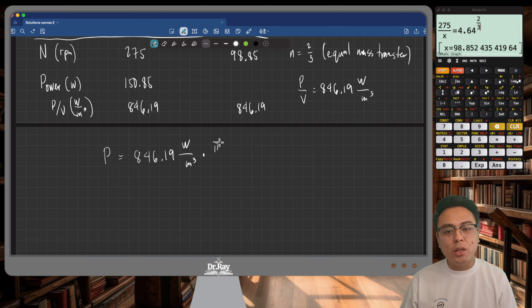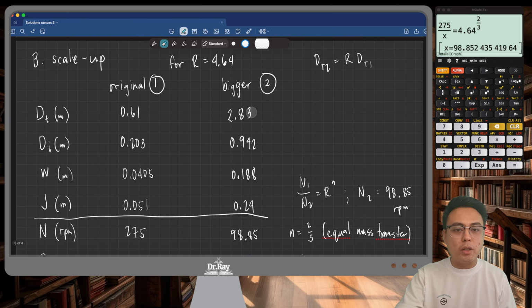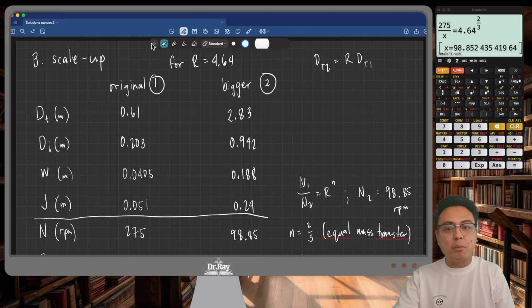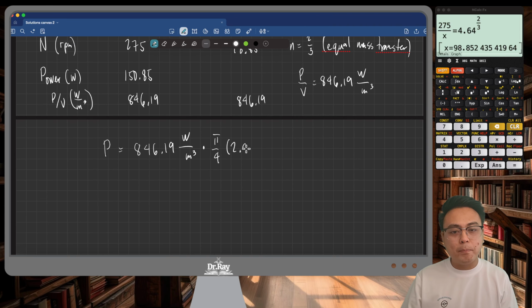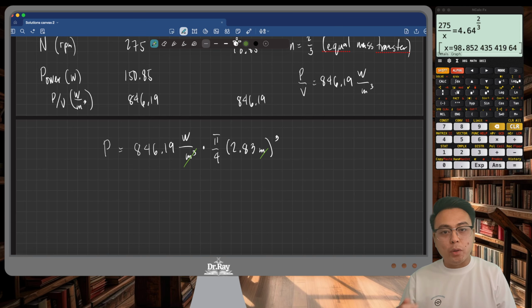The new volume is pi over 4 times the new tank diameter raised to the third power. The new tank diameter is the one for the bigger one, is this one. It's 2.83 meters. That's what we're going to use to estimate the new power. Cubic meter will cancel out. You will be left with watts.